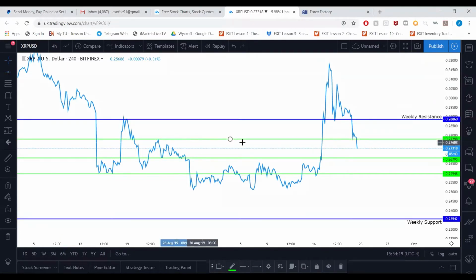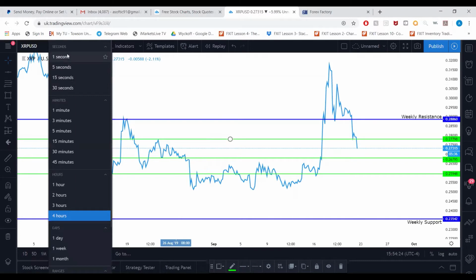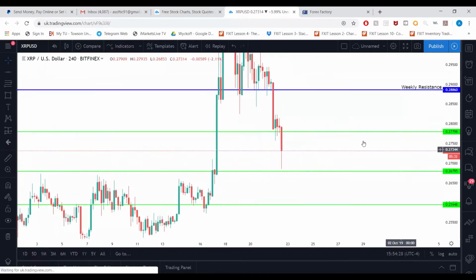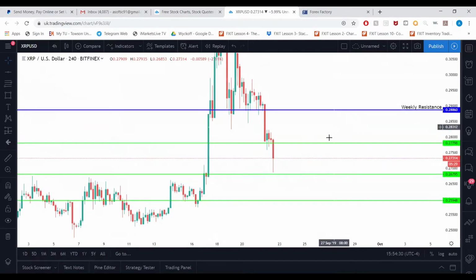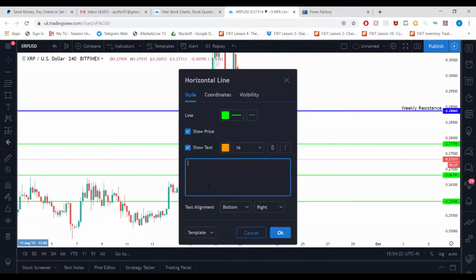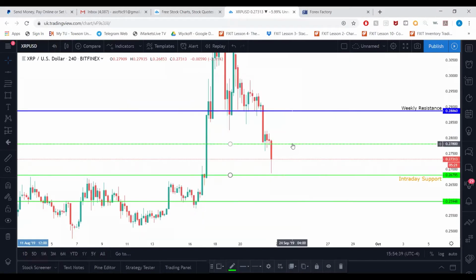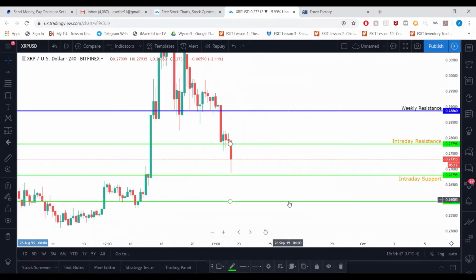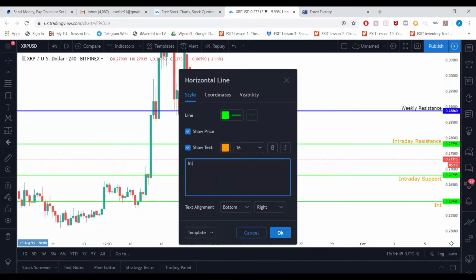And beautiful. And there we go. And we are ready to look for the possibility. So here we go, Ripple. Rejected this intraday support right here. Intraday resistance. And this is also the next intraday support.